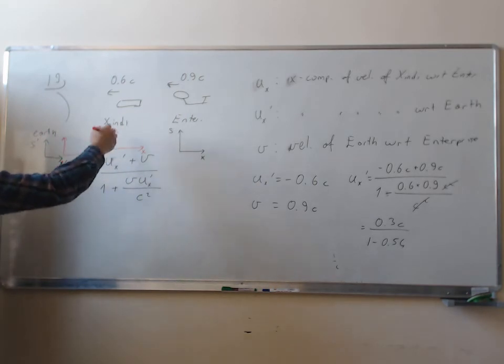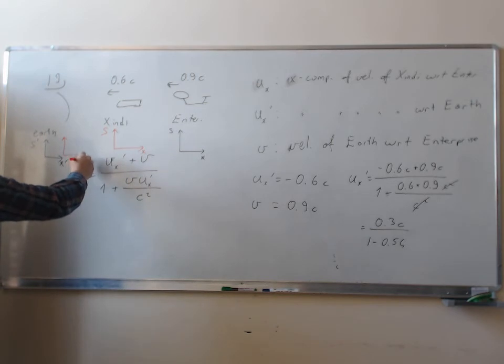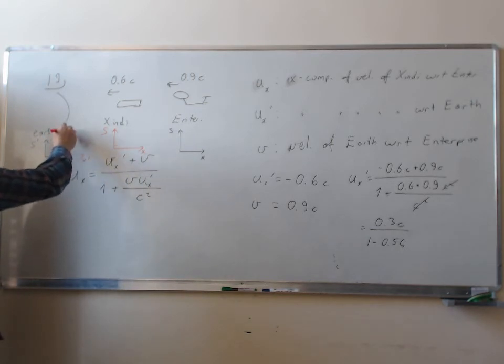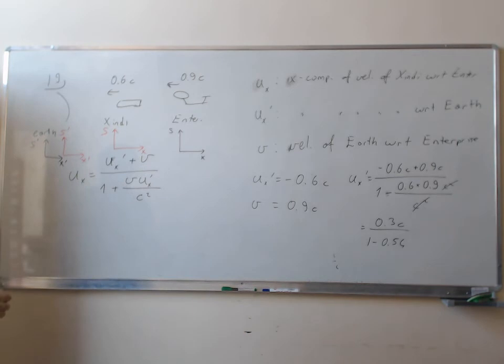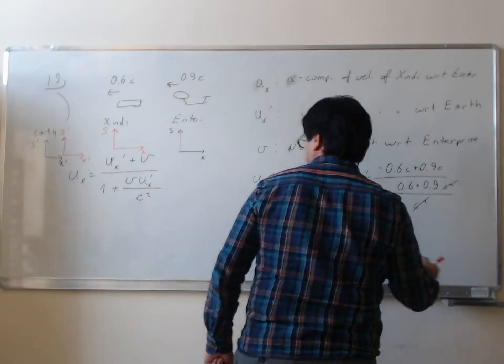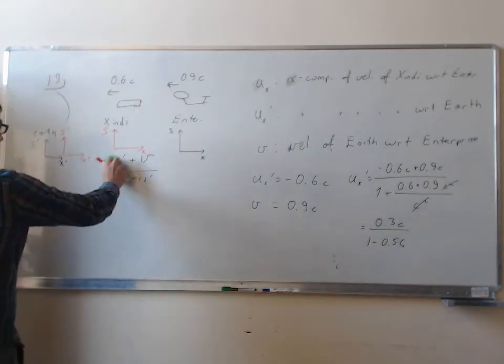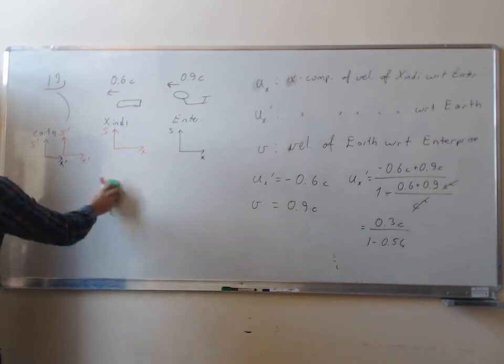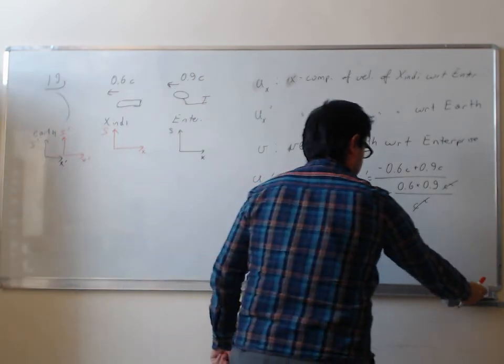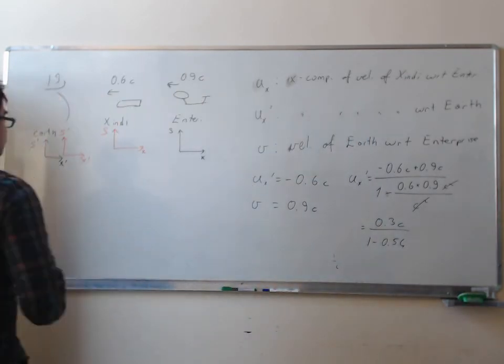Now we are going to be measuring the velocity of Enterprise in these two. So this is still x prime, and this is still s prime. Now here, I'll try to fit things here, but for that I need to erase this formula, just to see if we are getting a sensible answer this way as well.